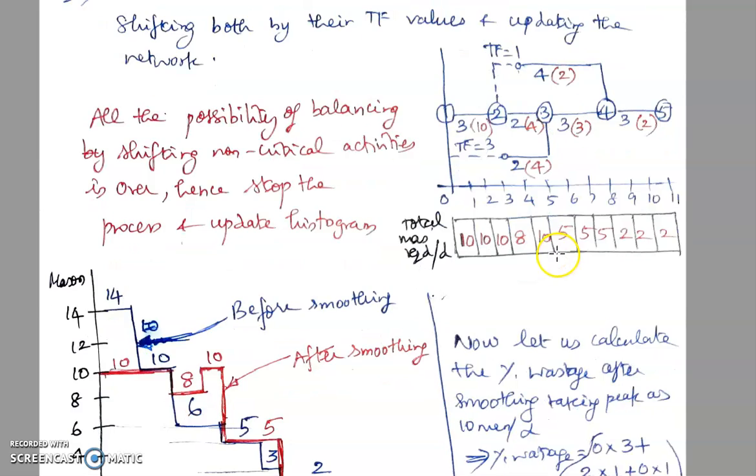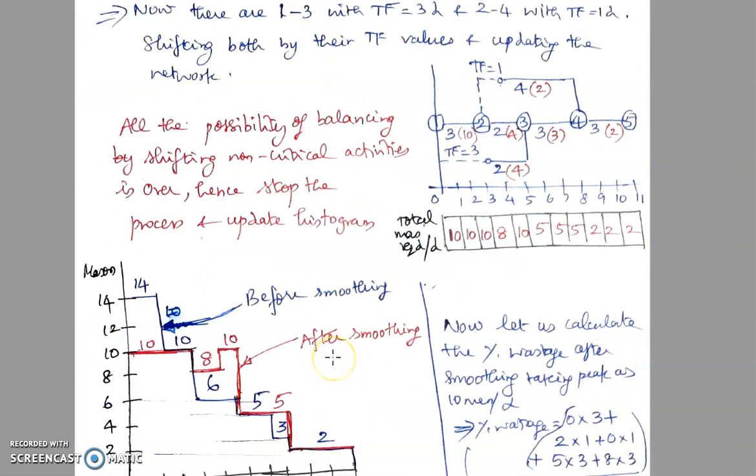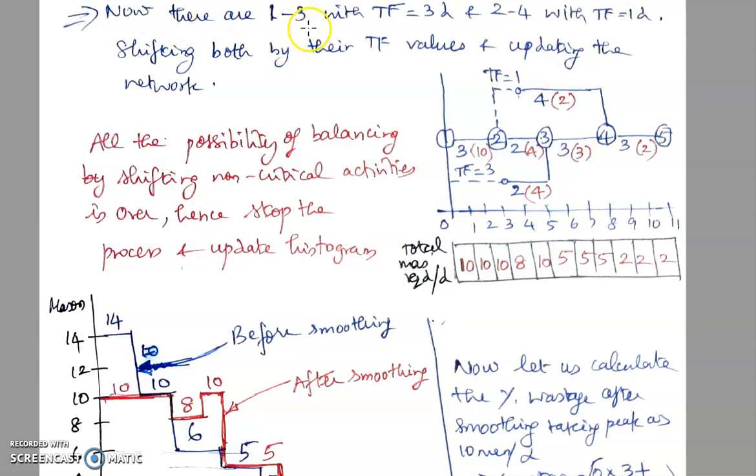So that is what we are doing here. Balancing using resource smoothing: the first 2 days the demand is maximum, hence we shift non-critical activities in that zone to the zone which has minimum demand. Here we have 1-3 with total float of 3 days and 2-4 with total float of 1 day, so we shift both of them.